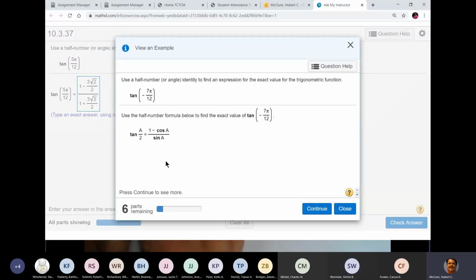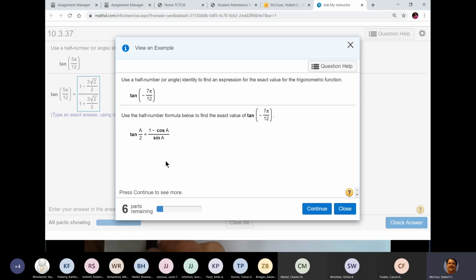Okay. Tangent of a over 2 is equal to 1 minus cosine of a over the sine of a. Now, in this case, a is 5 pi over 6.